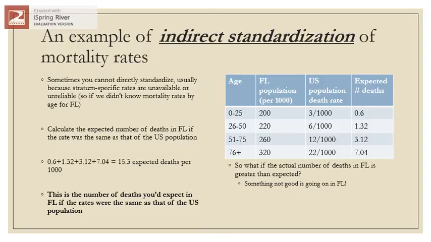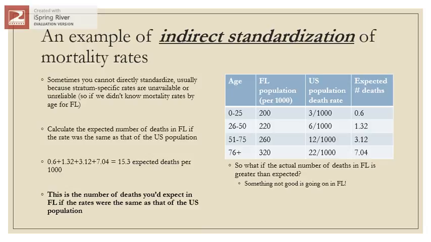Okay, so really, who cares? What if the actual number of deaths, this is the expected number, what if the number of deaths in Florida is actually 25 per 1,000? Well, we know that something not good is happening. Something about Florida specifically. Maybe all the alligators have gone crazy. Maybe the pollution is terrible.